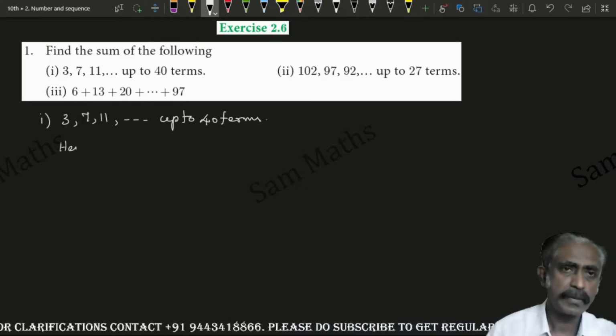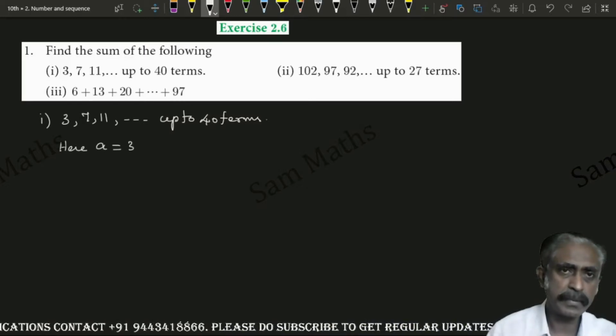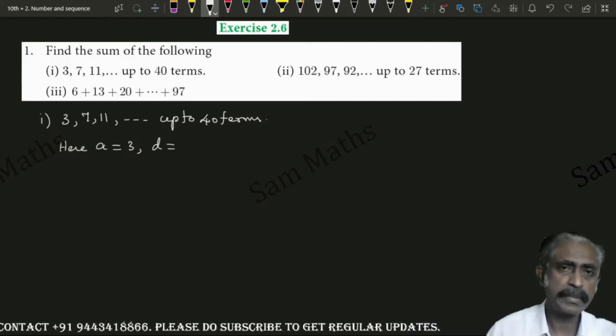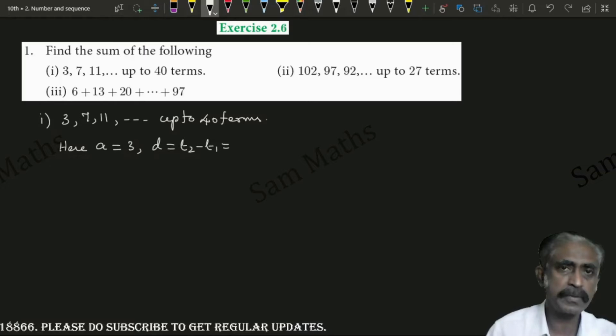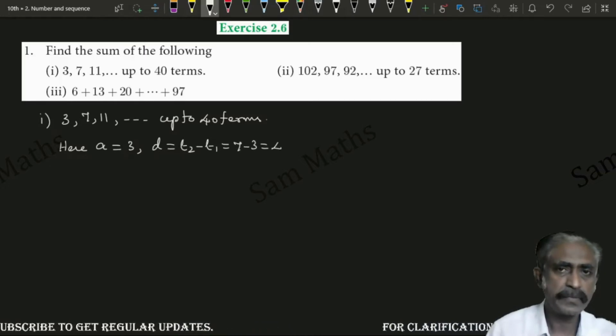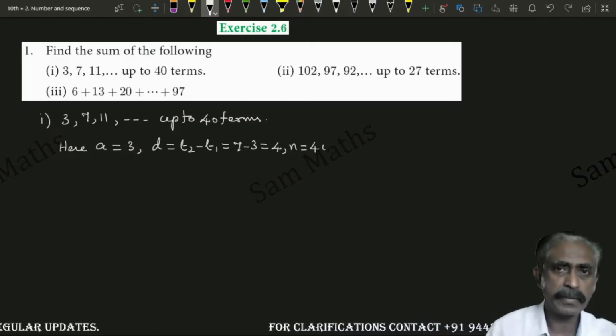Here, A is equal to 3, D is equal to second term minus first term, that is 7 minus 3, that is 4, and n is equal to 40.